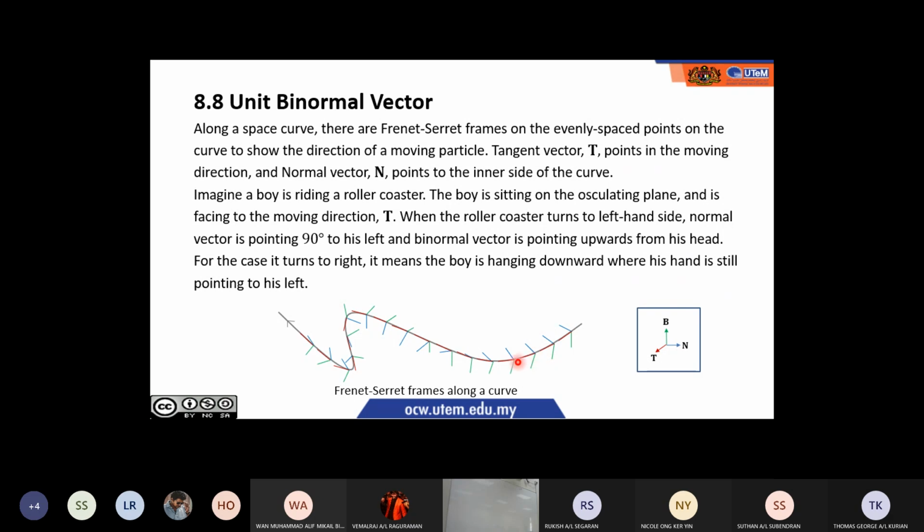It points to the left. This one points up. When it turns left, B is pointing up.